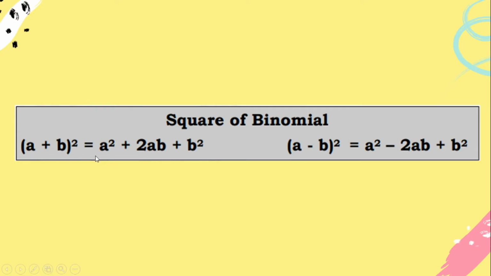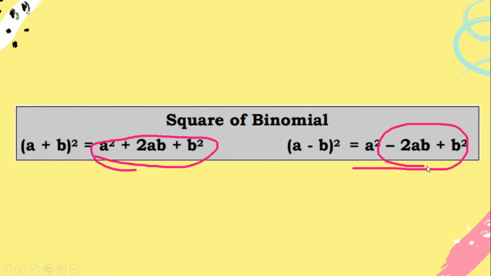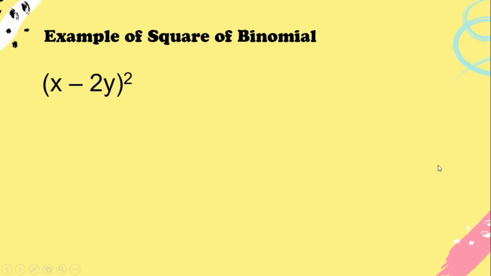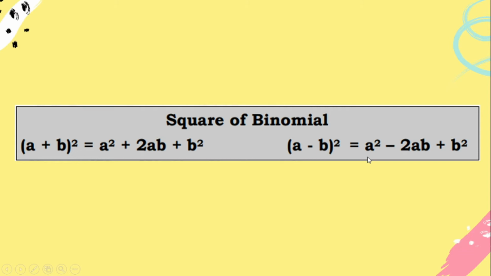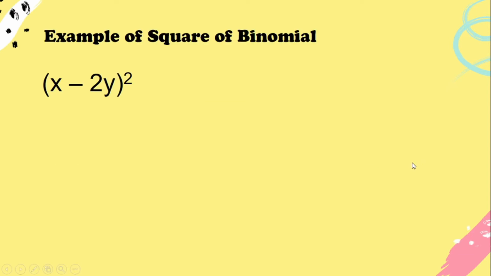So, yan yung magiging patterns ng kanilang product. Okay, let's have an example. I have here x minus 2y raised to 2. So, that is subtraction. So, i-expect natin yung magiging final answer natin ay minus yung nasa gitna. Okay, so the first step is to square the first term. So, x squared.